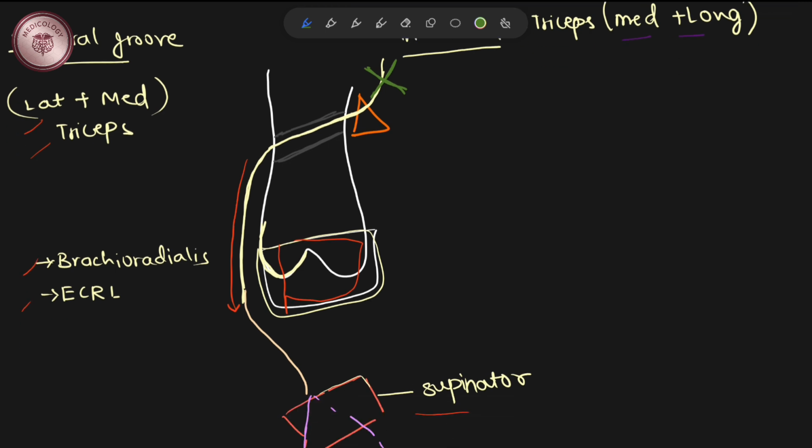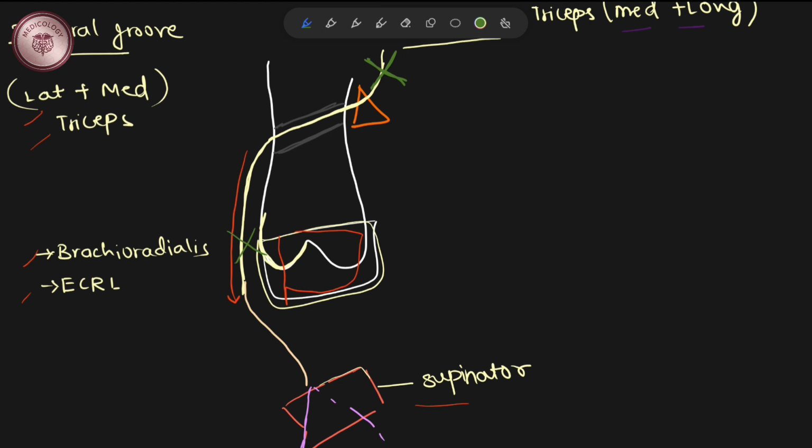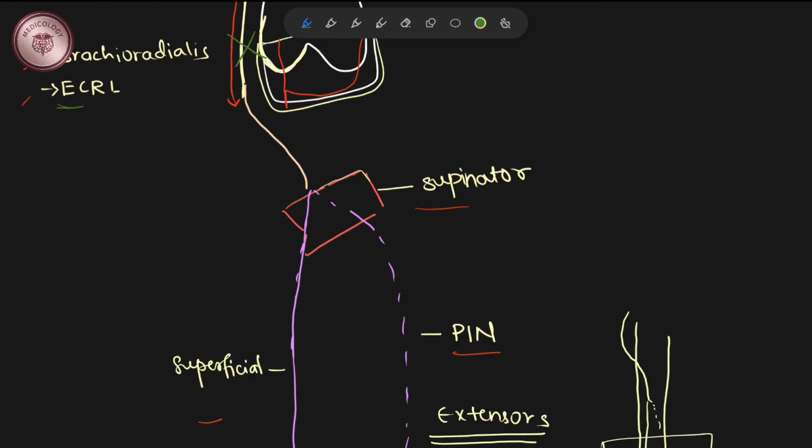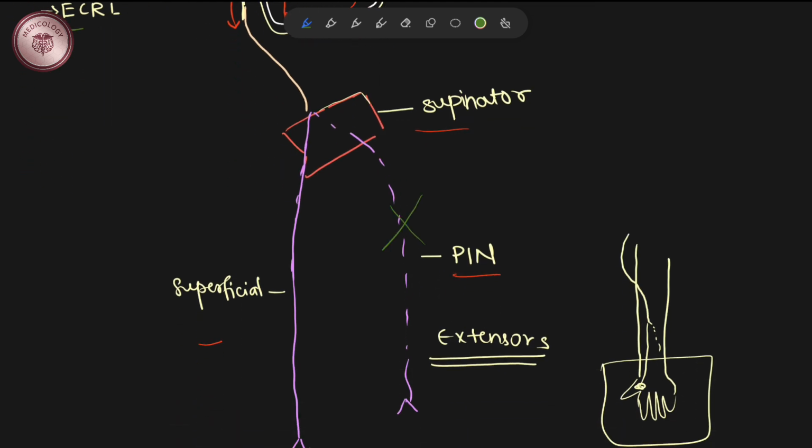Okay, then what will happen? Will the brachioradialis muscle work? No, it won't work because it is helping the elbow joint. Okay, and extensor carpi radialis longus is also involved, so it extends our wrist. If it is injured, there will be wrist drop. Then the posterior interosseous nerve is also injured, so what will happen?